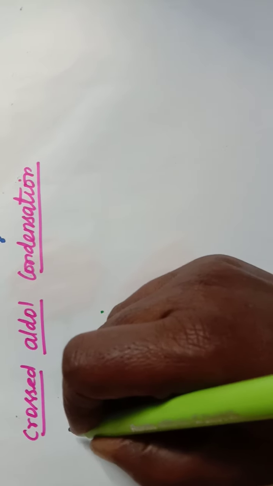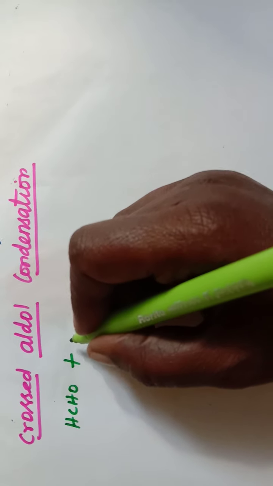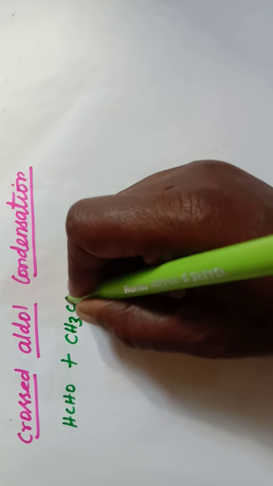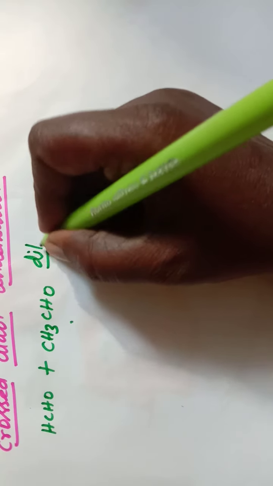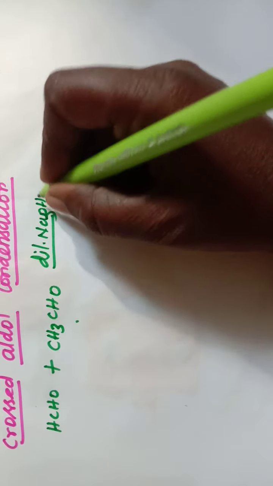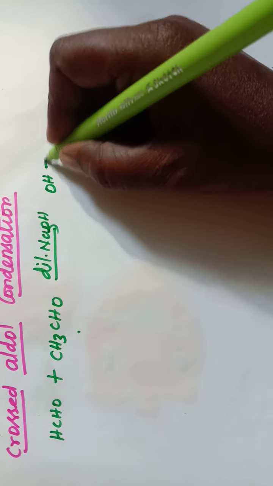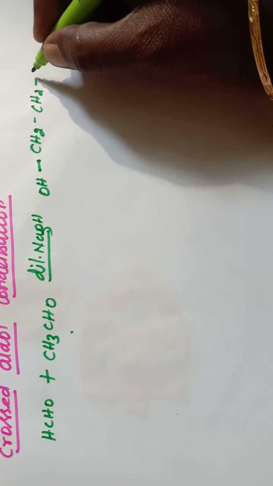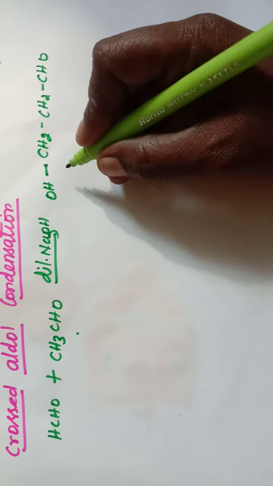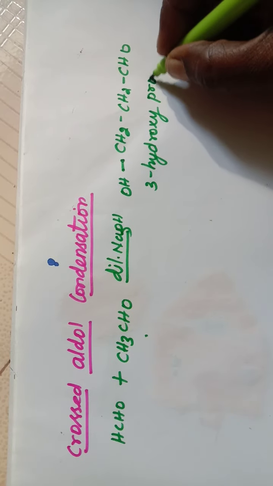For example, when formaldehyde reacts with acetaldehyde CH3 CHO in the presence of dilute sodium hydroxide, it gives OH CH2 CH2 CHO, that is 3-hydroxypropanal.